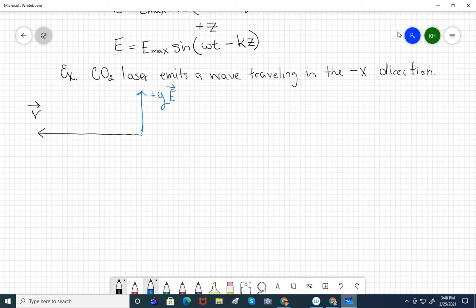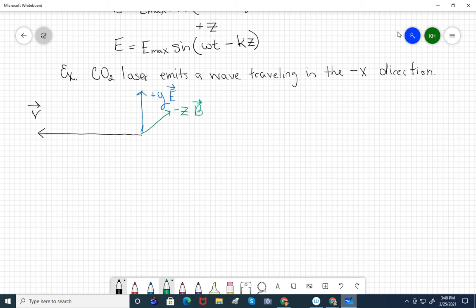We need to be able to put our thumb in the direction of V, our fingers in the direction of the electric field, and curl our fingers towards B. We can see our magnetic field in this case would point in the negative Z. That's our magnetic field.